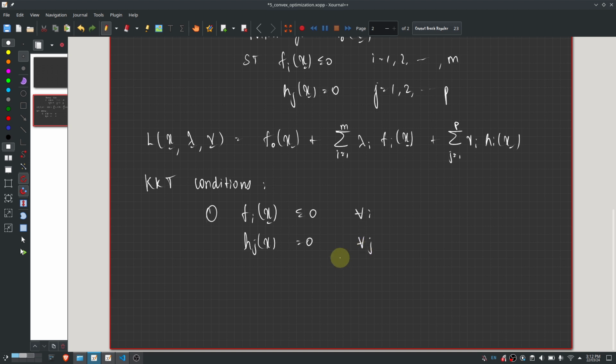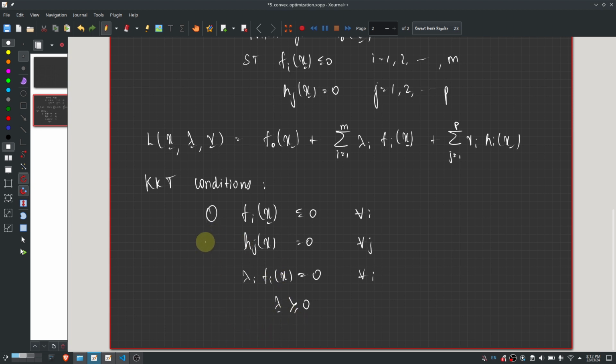But in addition, we had this other condition, which was lambda_i f_i of x equal to 0 for all i. We also need to satisfy lambda greater than or equal to 0. It has to be a non-negative vector.